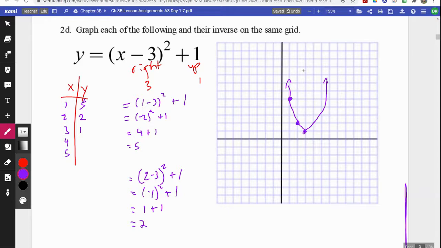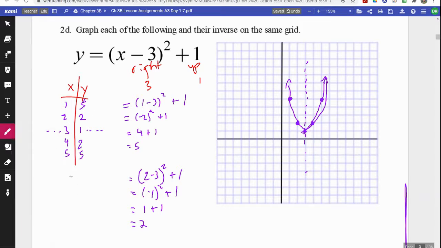All right, and we have symmetry because that's the nature of a parabola, through the vertex symmetry to the left and to the right. Mirror image of your points. So 4 is going to be also right there, 5 is going to be right there. So we can see what those points are.